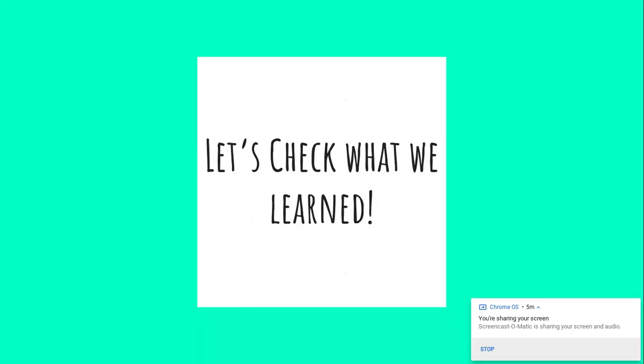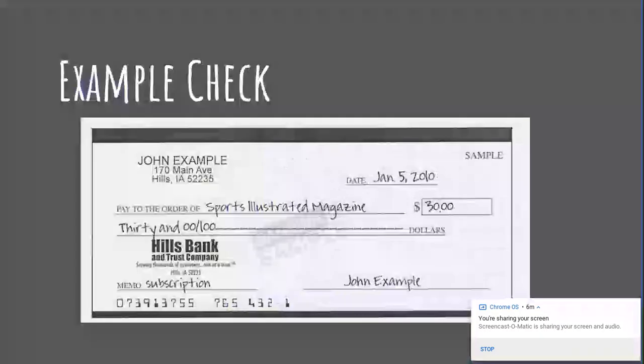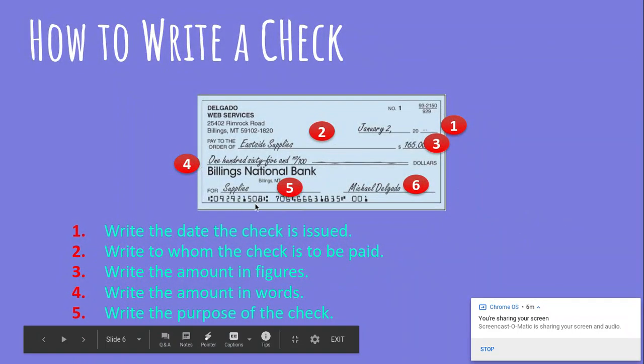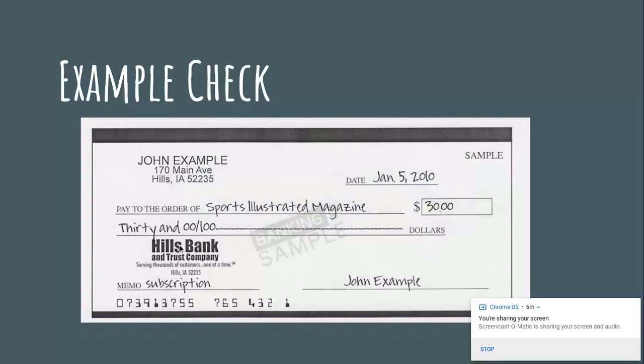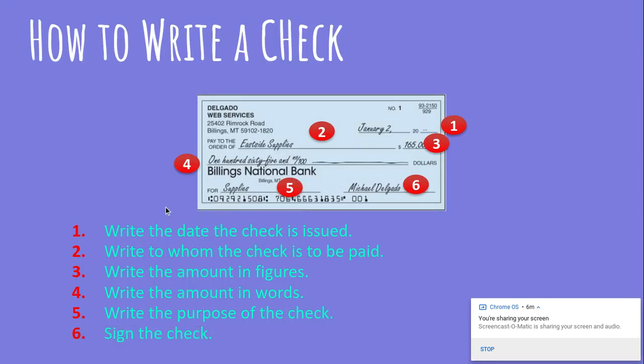Actually, before we do that, I'm going to go back a little bit. There was one thing that I wanted to talk about that I didn't talk about. So on this sample check, right here and right here, okay? And then when we go forward, right here and right here, okay? So this first one right here and right here, that is called a routing number, okay?